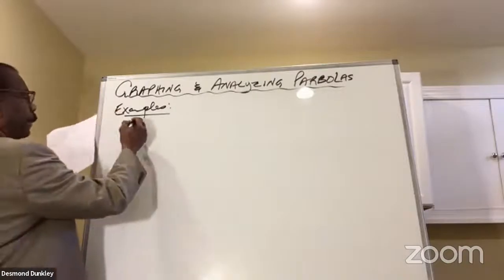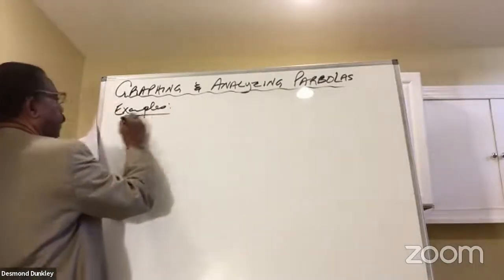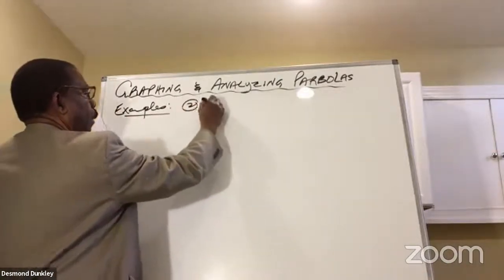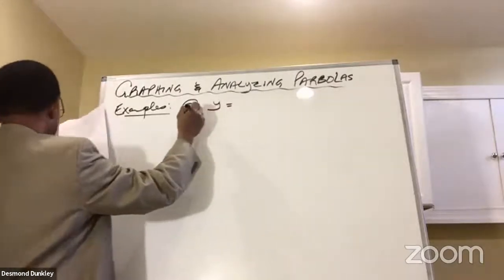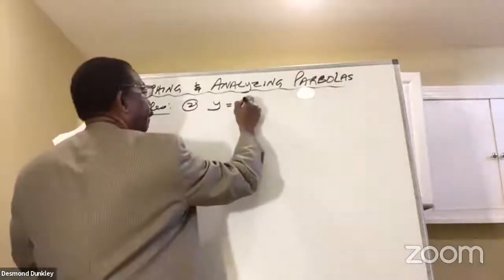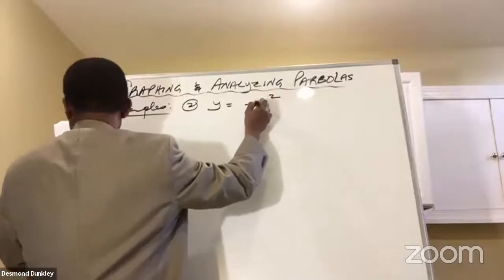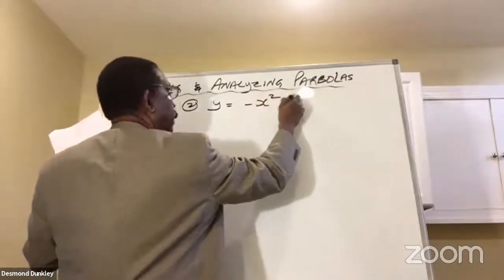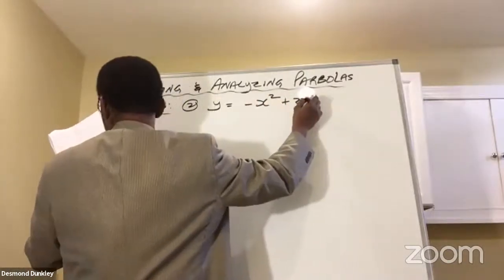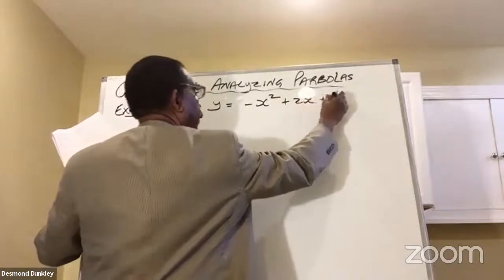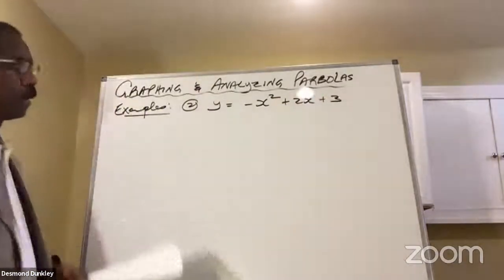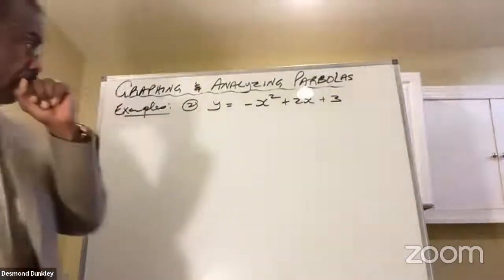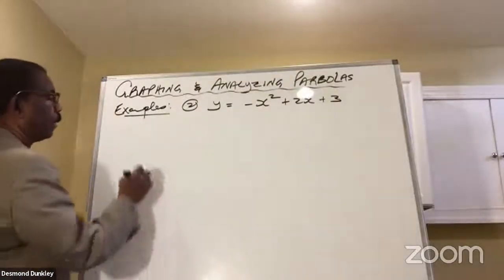Okay, so this is number 2. y is equal to negative x squared plus 2x plus 3. So here we go.